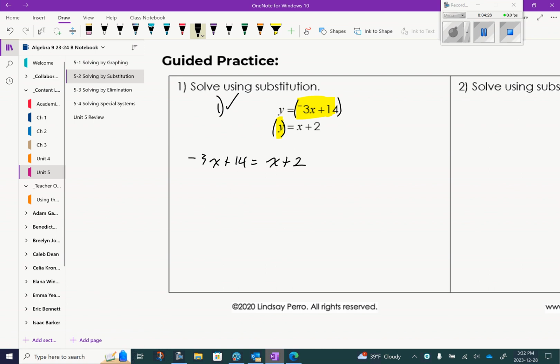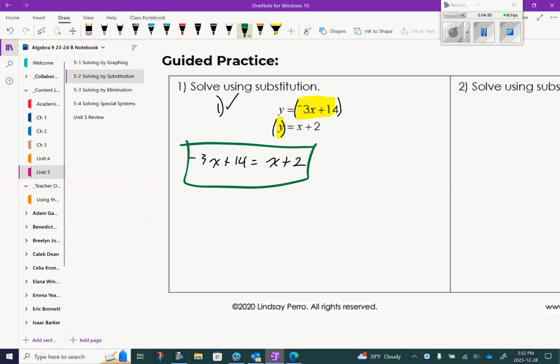Now, this is really, really important here. If you're doing the substitution the right way, you should come up with a brand new equation here that only has one variable. Now, sometimes the equation is just going to be in terms of x.